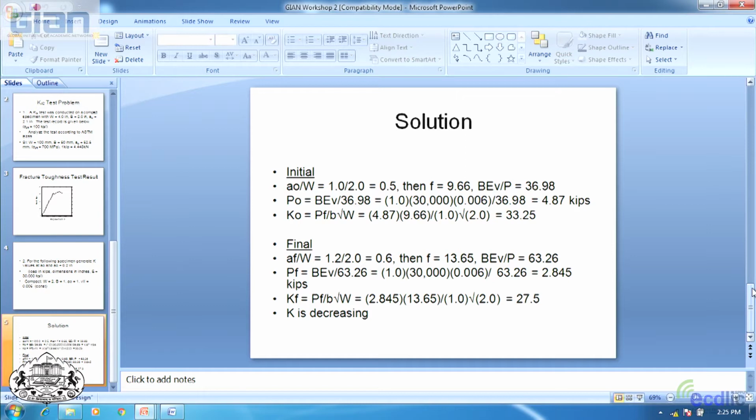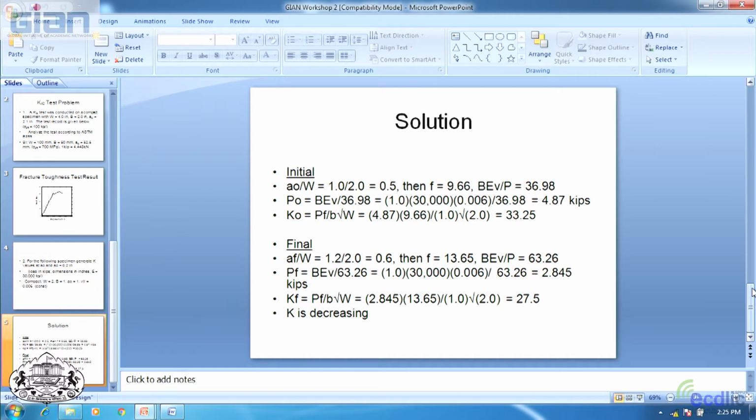So the final crack size over W is 0.6, new value of F, a new value of BEV over P, and again, then same displacement, 0.006. I have to back out the load, 2.845. Notice the load drops significantly. So now the K, when I put the load in there, has dropped to 27.5.